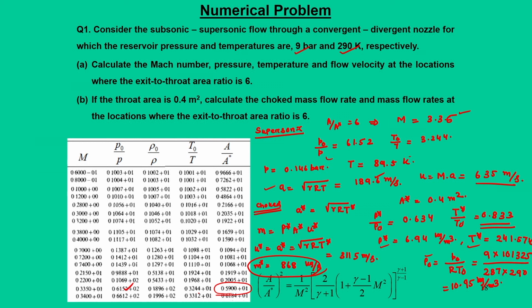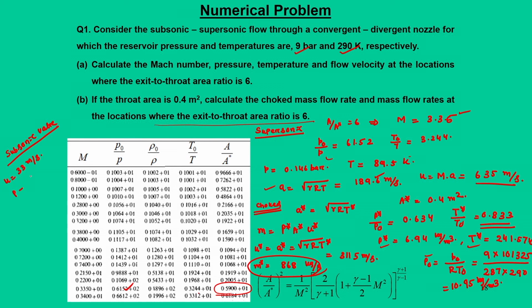Now, the second part is where the exit to throat area ratio is 6. So, when you have this exit to throat area ratio, at that location when you have a subsonic solution, we have U is equal to 33 meter per second.